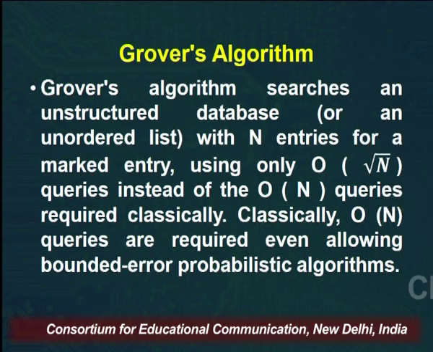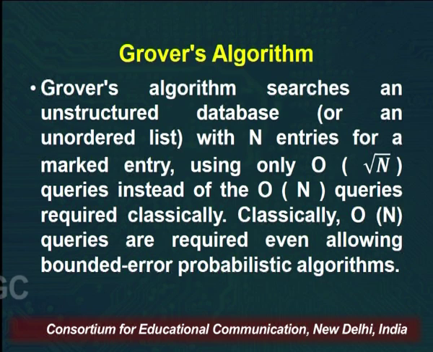So what is Grover's algorithm? Grover's algorithm searches an unstructured database, or an unordered list with n entries, for a marked entry using only O(root n) queries instead of the O(n) queries required classically.